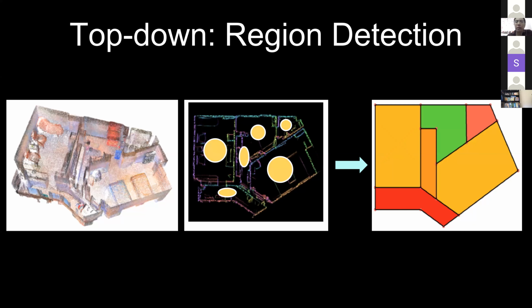On the other hand, if you do top-down, you first try to detect high-level primitives, say a region, in the indoor case a room. And if you want to say there's a room here, it's okay to not see a corner here or here. Maybe one may be totally obscured due to, say, occlusion or clutter in the scanning procedure.